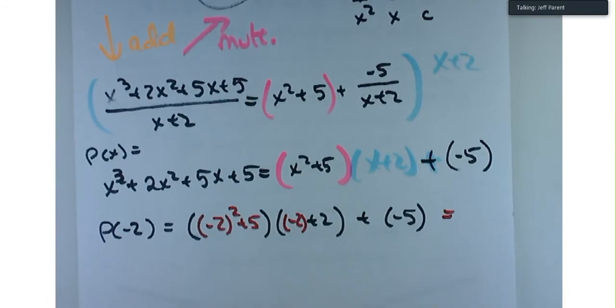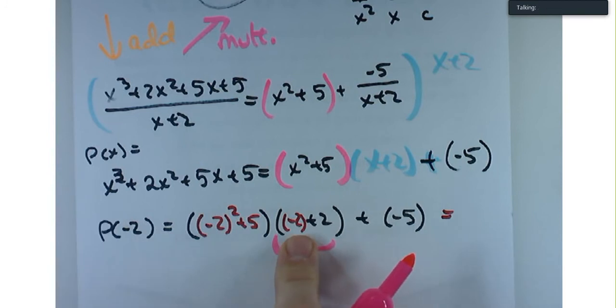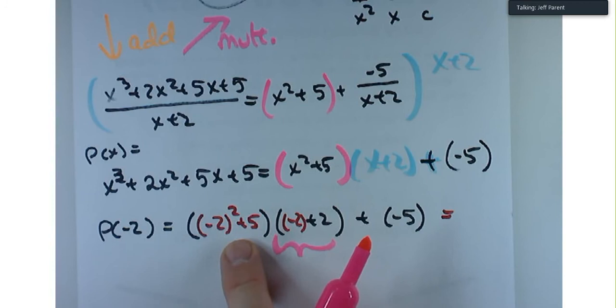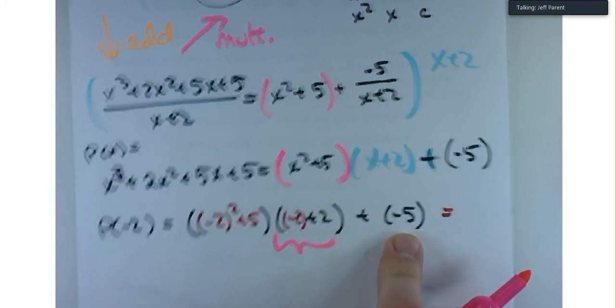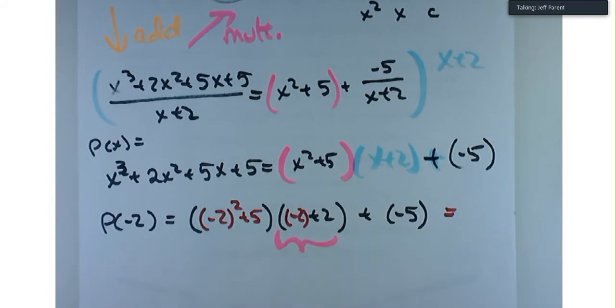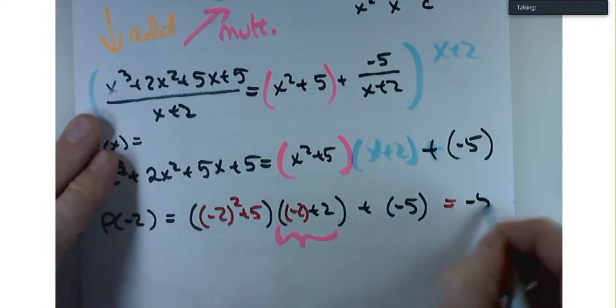That's a glance at it and oh, I got it. And the reason for that is right here. What's negative 2 plus 2? 0 times whatever. Does it really matter? It's still 0. So this whole thing disappears, right? And all I'm left with is the negative 5. Wow, cool. Nice. So p of negative 2 would be negative 5.